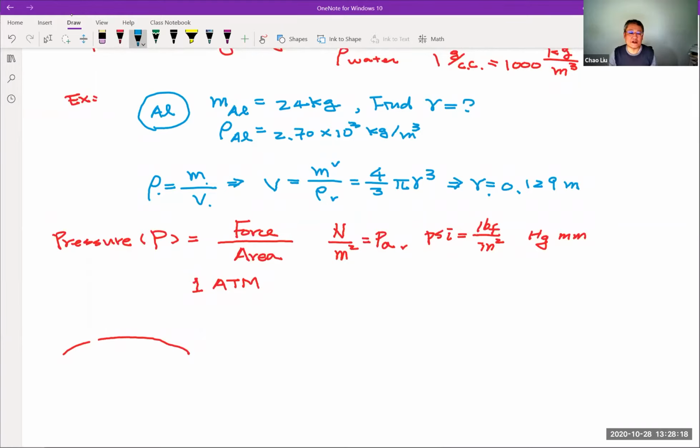So if this is the Earth, the air, the atmosphere is something that surrounds the Earth, right? So we actually have layers of air surrounding the Earth.